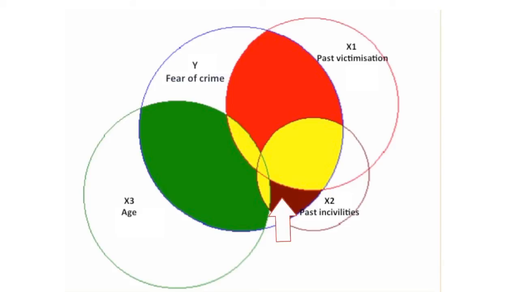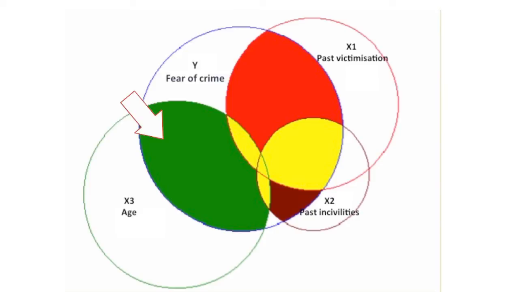For x2, this is the brown shaded area. This is the portion of R squared that's uniquely attributed to past incivilities in the neighbourhood. And it's known as, again, the squared semi-partial correlation and reflects that semi-partial correlation of past incivilities with fear of crime. And the proportion of variance that it and it alone shares with the dependent variable.